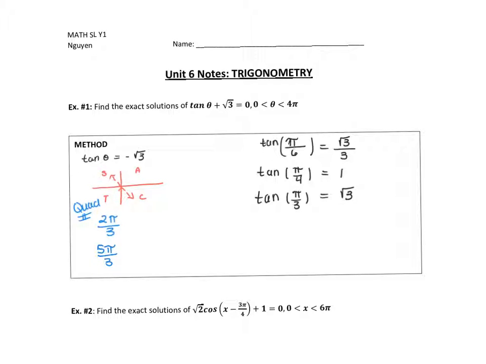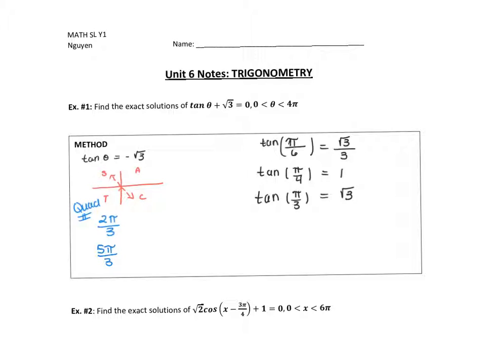Now, because your interval is 0 to 4 pi, you keep adding pi, right? So every time you add pi, you get a coterminal angle. Remember, coterminal angles start and end in the same place. So you want to keep adding pi or subtracting pi until you get all of the coterminal angles within your specific domain.